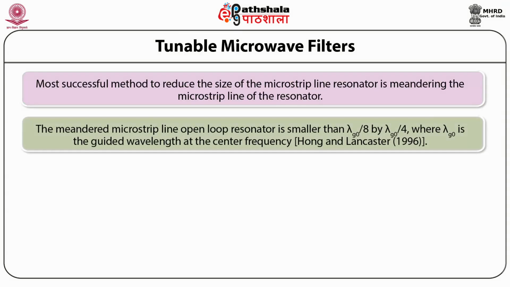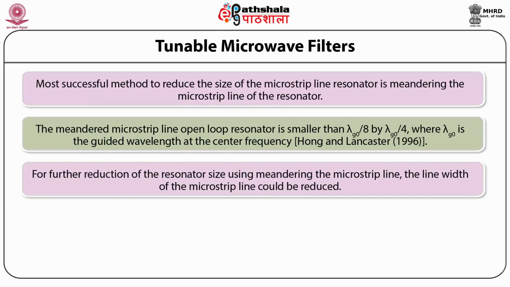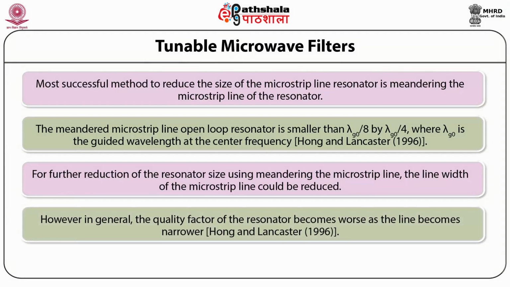The meandered microstrip line open loop resonator is smaller than lambda by 8 to lambda by 4, where lambda is the guided wavelength at the center frequency. So for further reduction of the resonator size, using a meander line can be done, but in general the quality factor of the resonator becomes worse as the line becomes narrower.